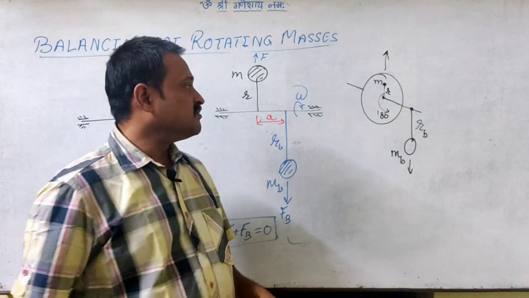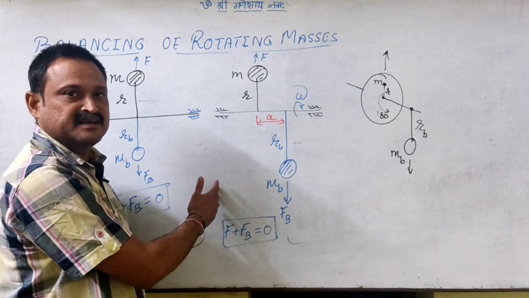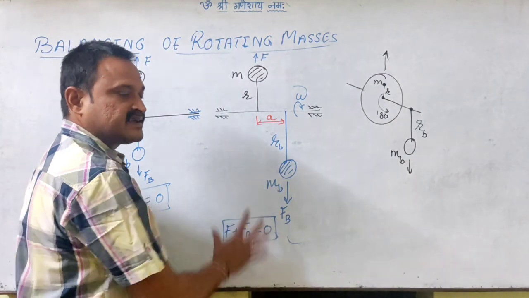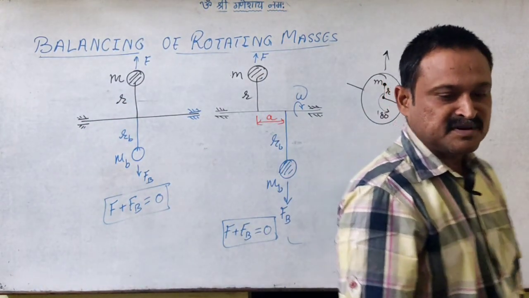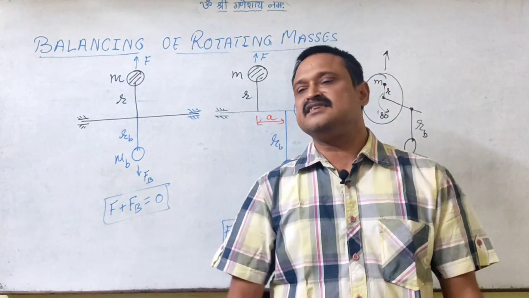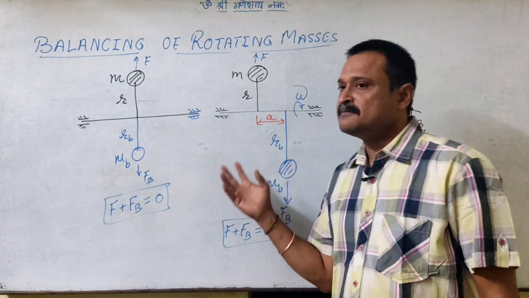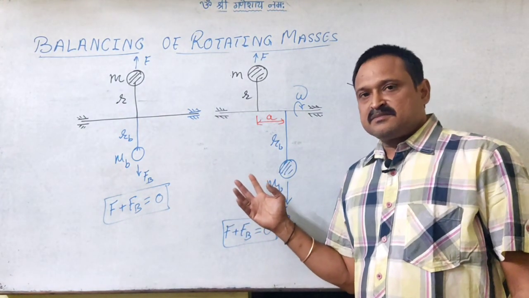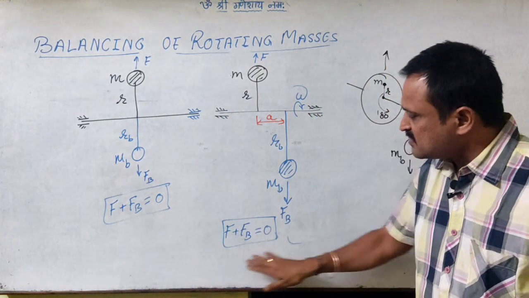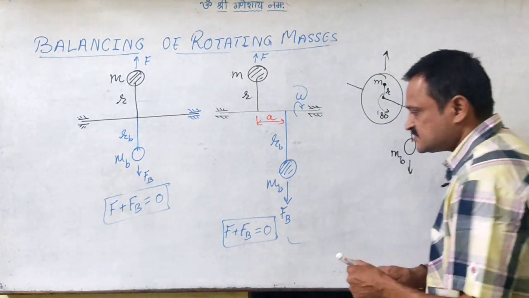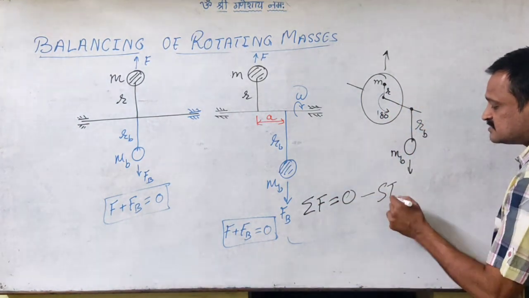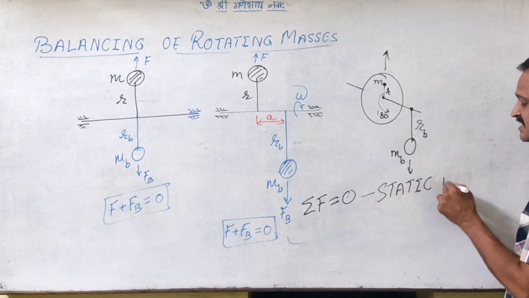So there is a moment. If I take a reference plane, the moment due to this mass and the moment due to this mass will be acting opposite to each other, with different magnitudes, and their direction is continuously changing, and hence there will be a disturbance or unbalance in the system. So when only the forces are balanced, when the summation of these forces is 0, this is called static balancing.